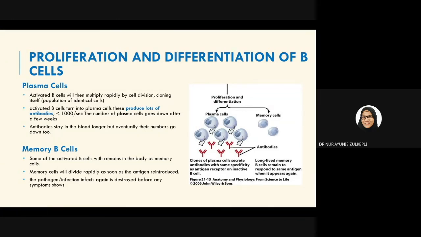So when a person encounters an attack from the same peptide antigen, when the pathogen infects the body again, it will be destroyed by the memory B cells that were already produced during the first attack. Before any symptoms show, the pathogens are already eliminated by the memory B cells. So that is the difference between plasma and memory B cells.